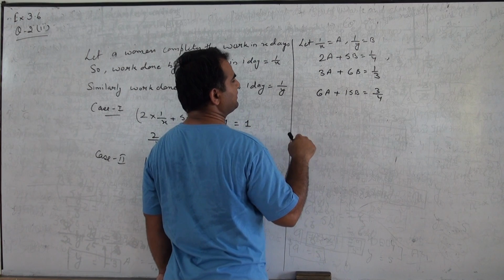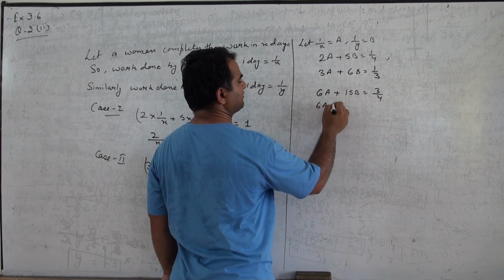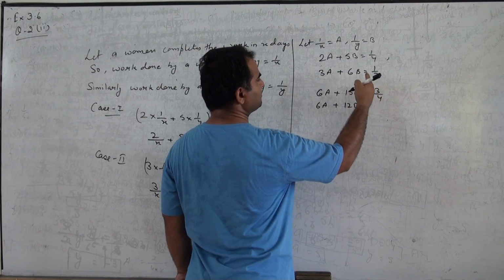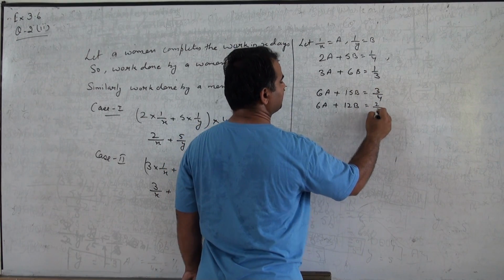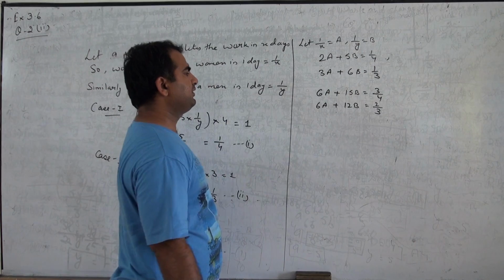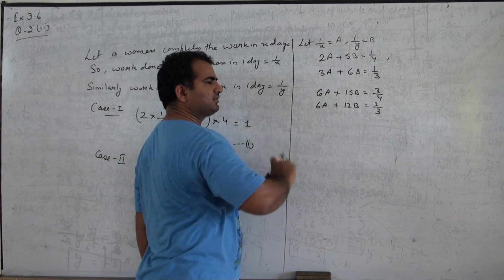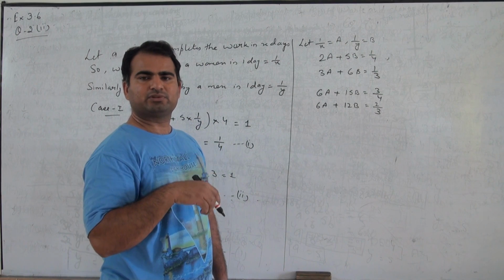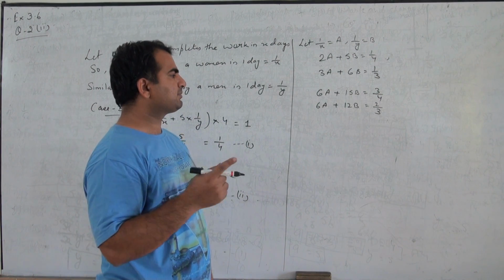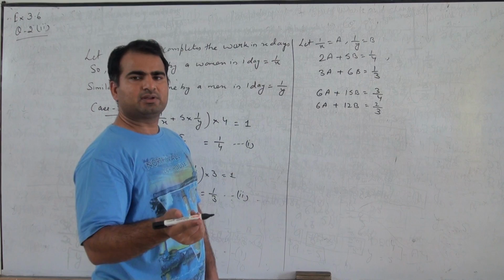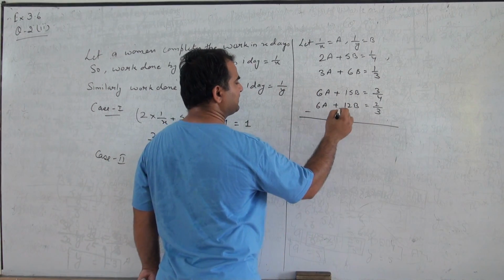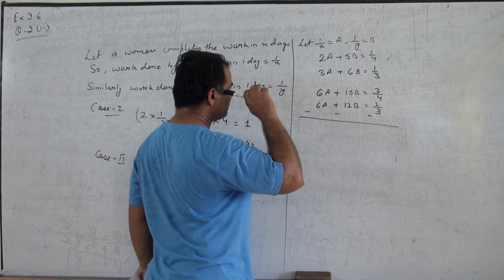And the second equation by 2, it will be 6a plus 12b equals 2 upon 3. We know that 6a and 6a both are positive, so we have to subtract both equations. We can subtract second from first or first from second.